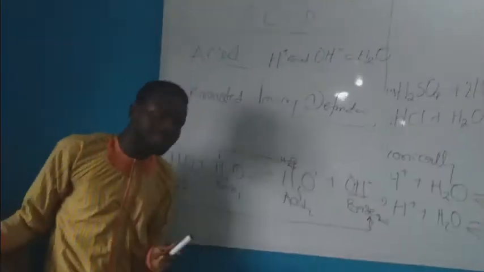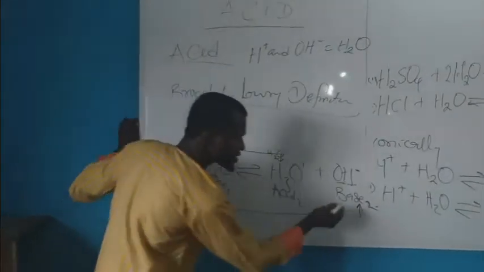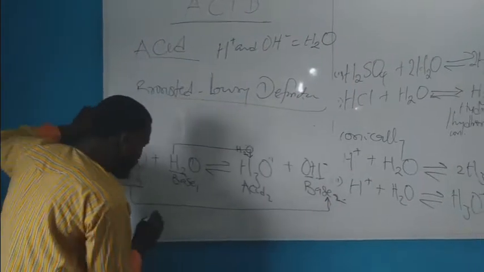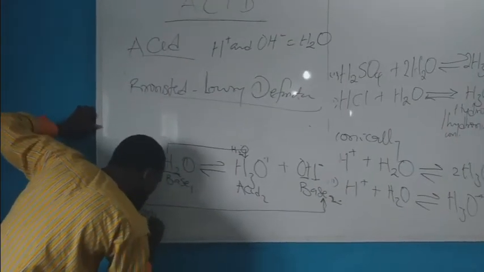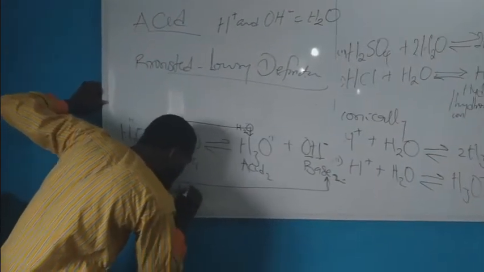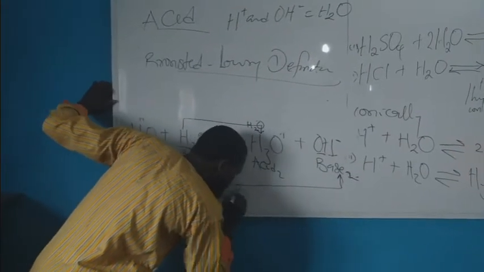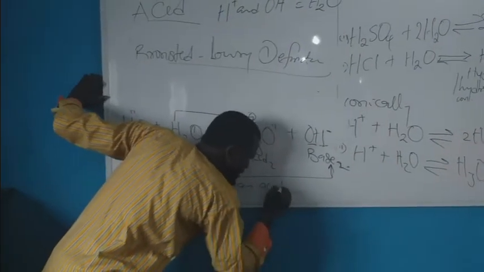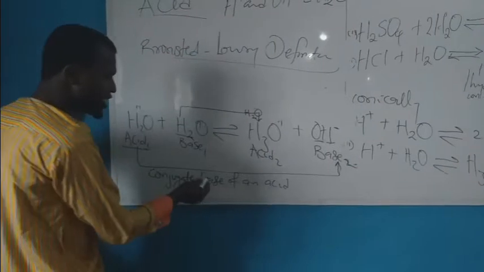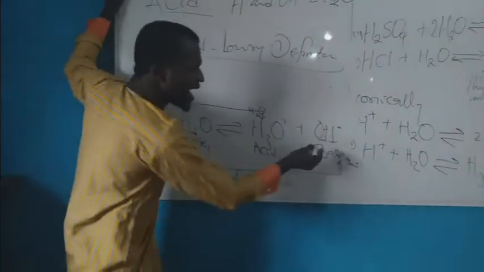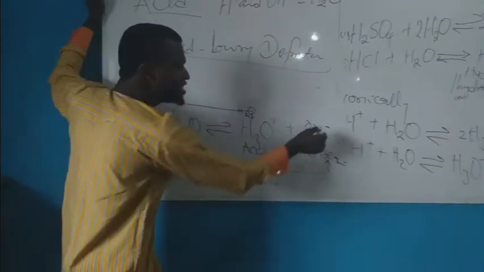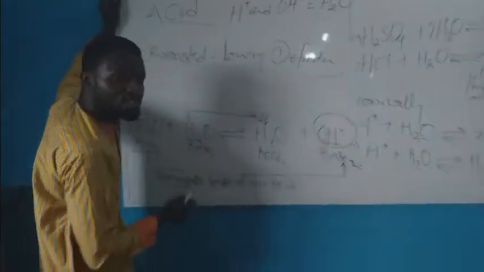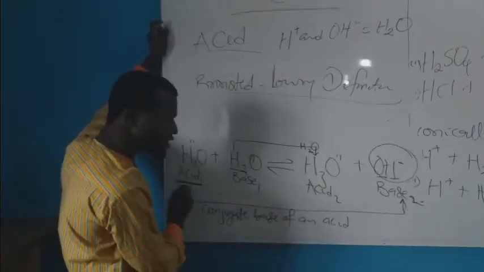Now, look at how we report this. You report it as conjugate base of an what? Acid. Conjugate base of an acid. That is, hydroxide ion is a conjugate base of the acid water.